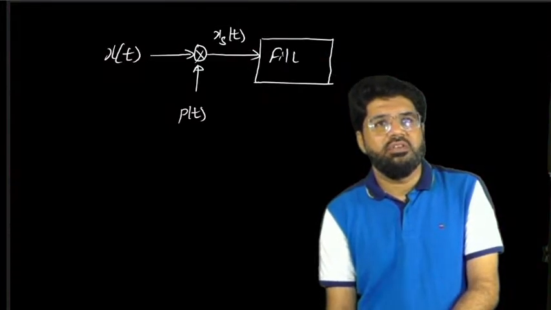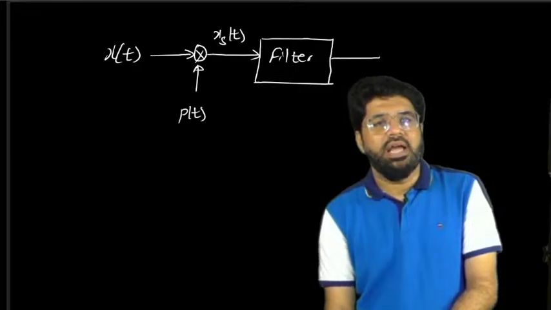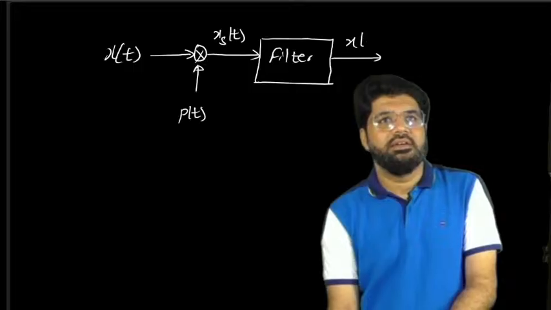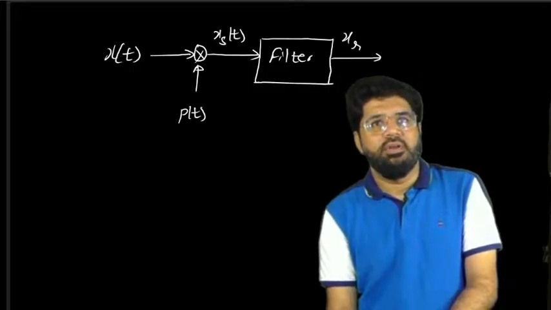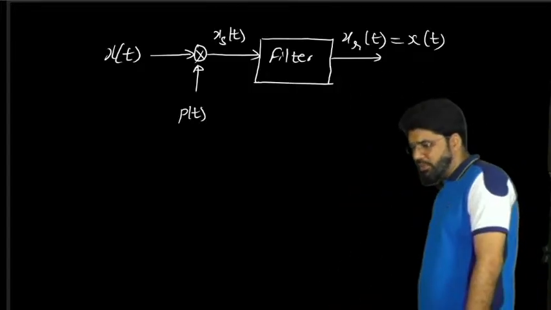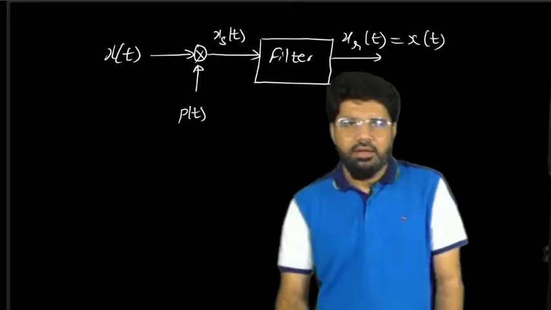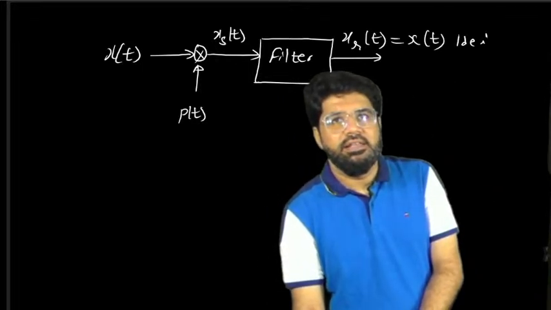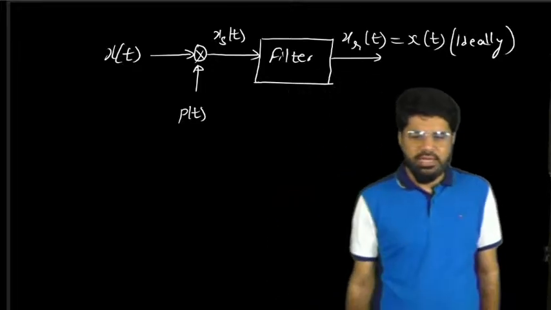To reconstruct, we pass this xs(t) so that if the sampling process is perfect, the recovered signal is desired to be the original signal, ideally equal to x(t). xr(t) should be equal to x(t), correct?